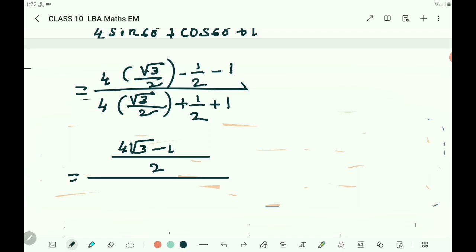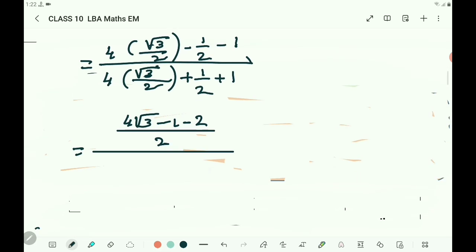Why you have to write as it is? Because the denominators are 2. And this minus 1 is to be multiplied by 2. That is minus 1 into 2 is minus 2. Here also the LCM is 2. Write the numerator 4 root 3 as it is, plus 1 as it is.